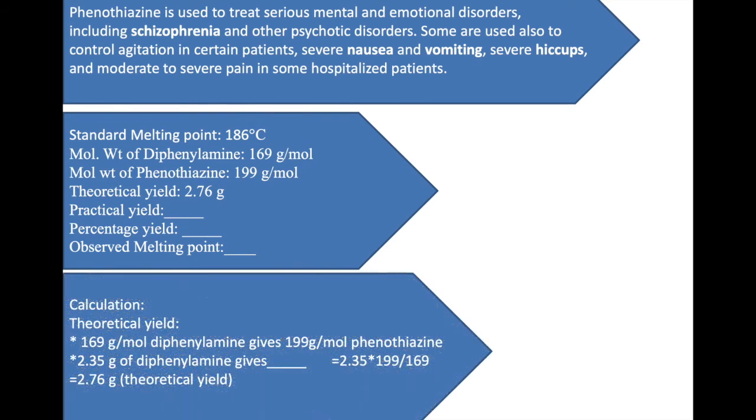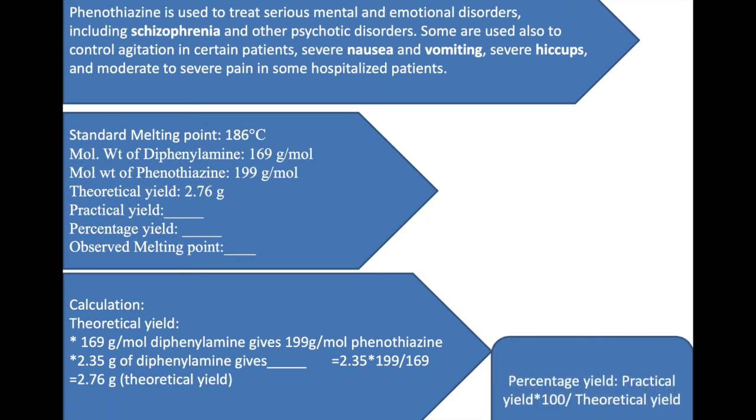So here we take the molecular weight of diphenylamine, our primary material, which is 169 gram per mole, and the molecular weight of phenothiazine, our product, is 199 gram per mole.